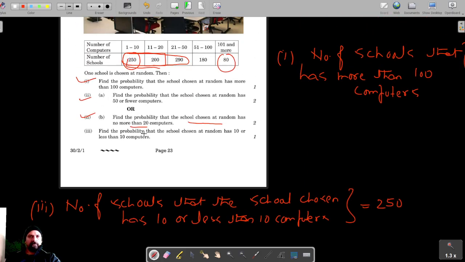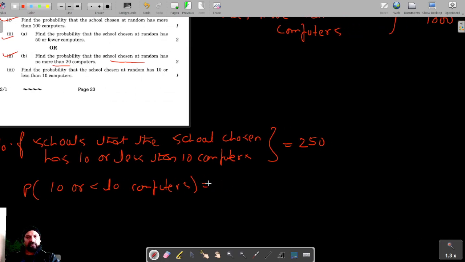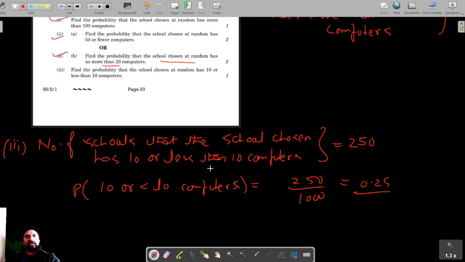So it's basically about reading this graph and then answering the questions. So the probability of a school that has 10 or less than 10 computers would be 250 by 1000, which is equal to 0.25.